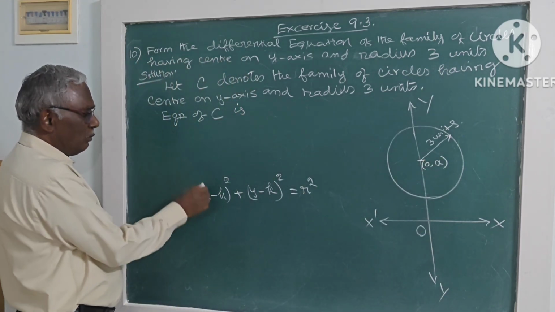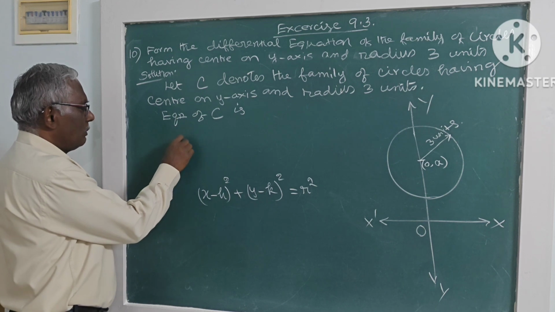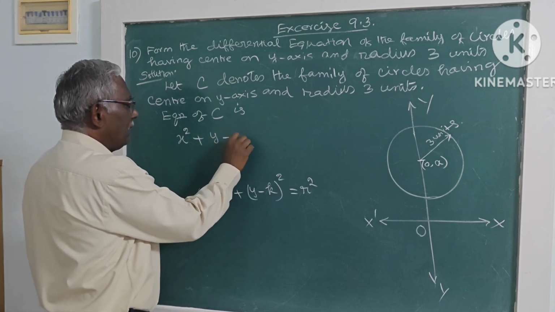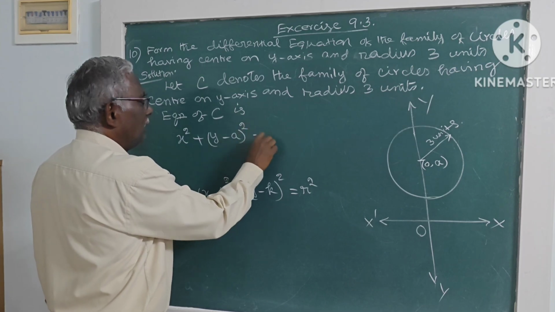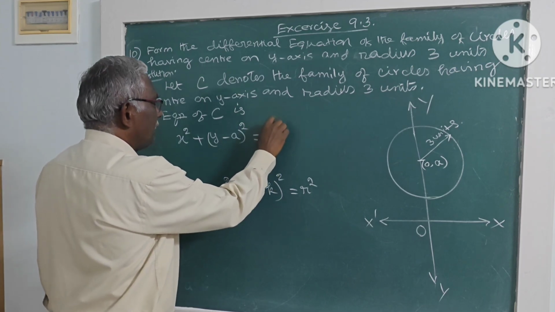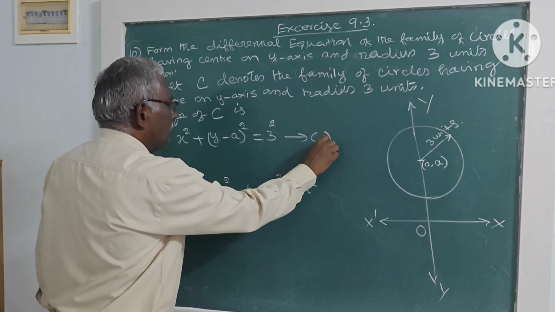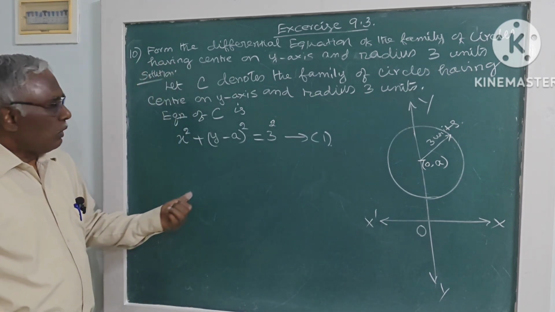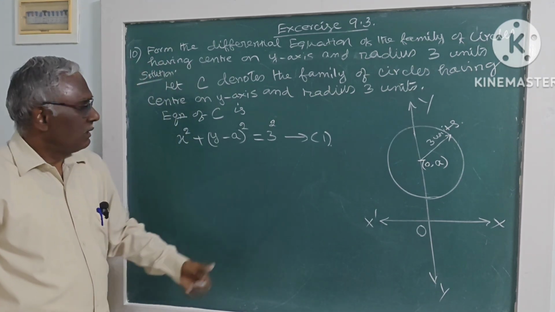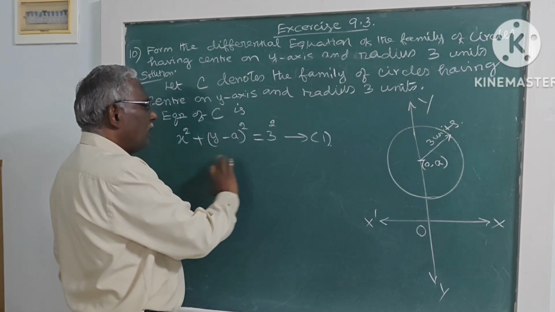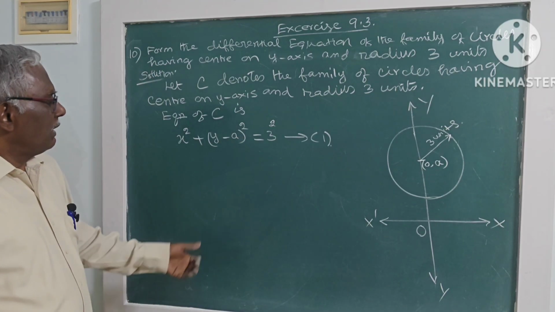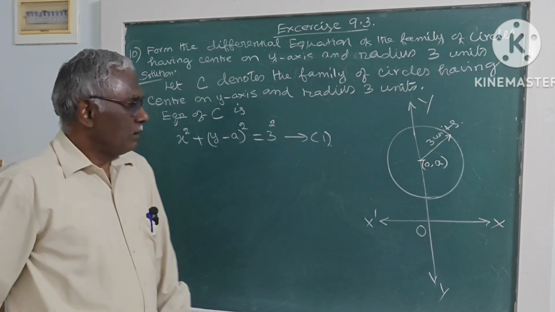Therefore, x minus 0 whole square, that is x square plus y minus a whole square equals 3 squared, radius is 3 units. In this equation, we have only one arbitrary constant a. So that means we have to differentiate this only once and we have to eliminate the arbitrary constant.